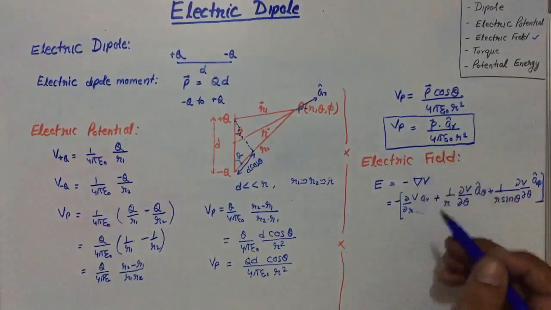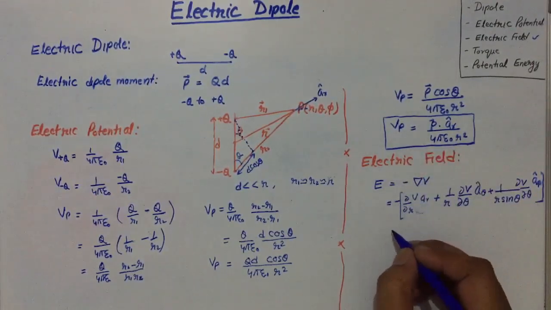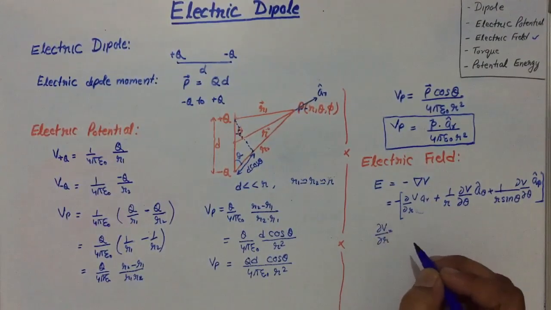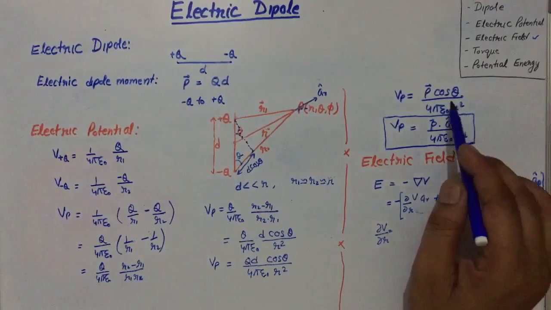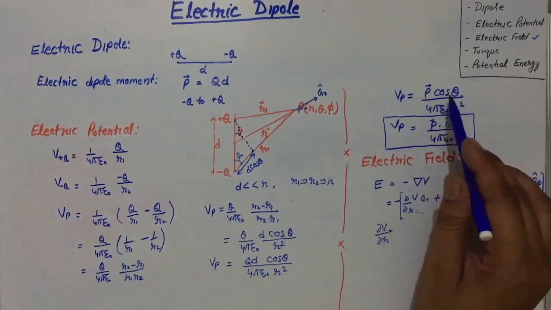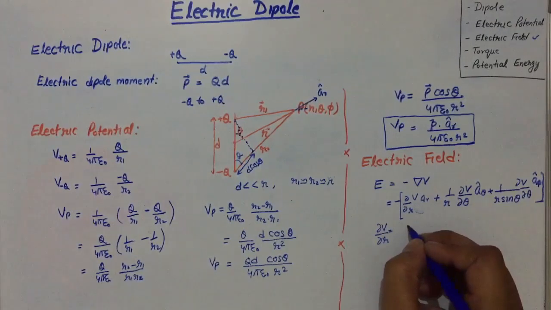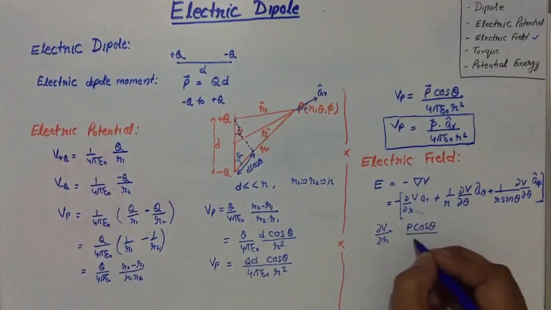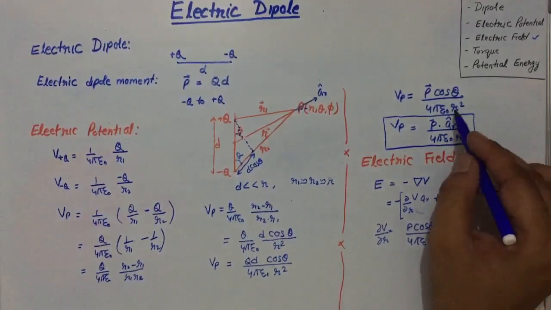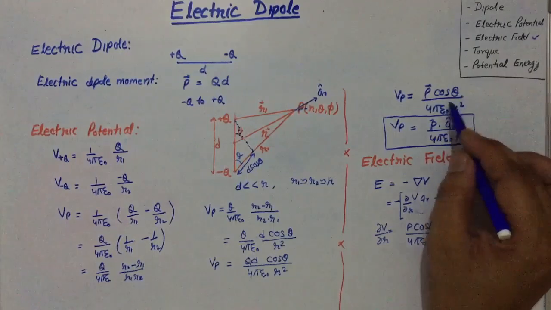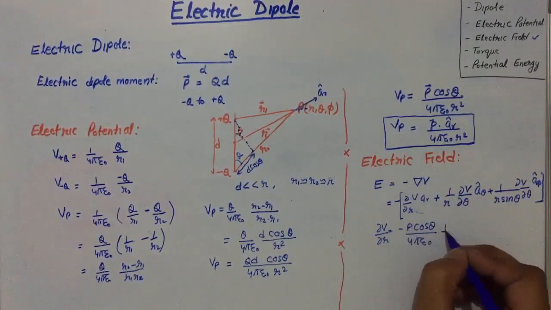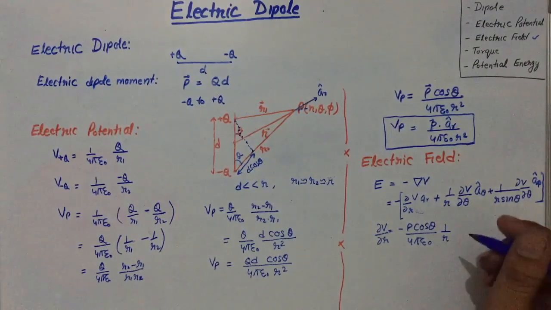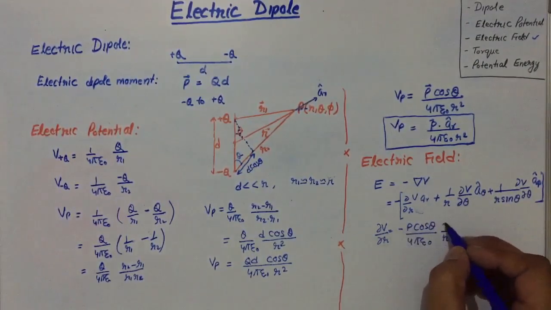And we know V is given here. Then del V over del r, just differentiate this with respect to r, so it can be p cos theta divided by 4 pi epsilon naught, r to the power minus 2, it should be minus 2 by r cube.